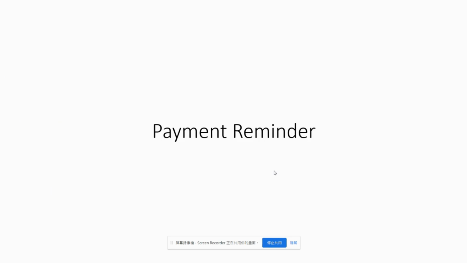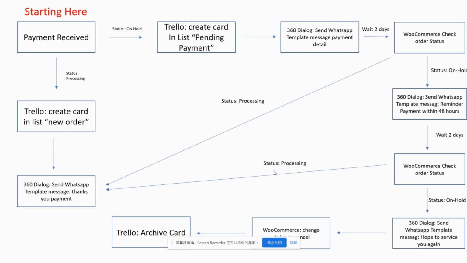The first one is the payment reminder. In business, we receive payment after the deal is closed on the website. If the customer pays by credit card, WooCommerce will set the order status to processing.